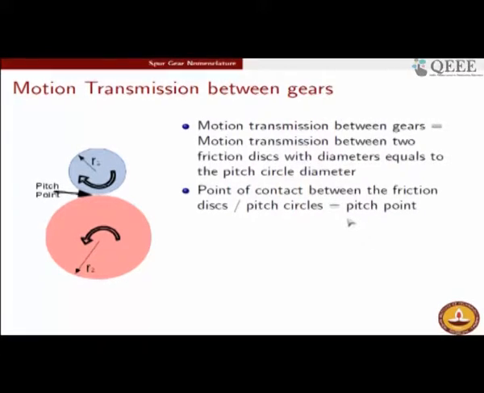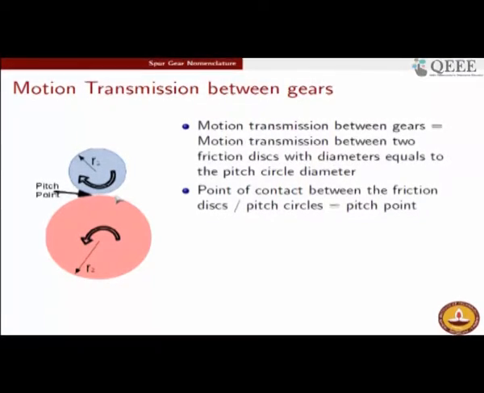That is the point that comes, but before we do that, please note that the point of contact of these two circles has a technical name, called the pitch point. So, the equivalent pitch circles, or the friction discs if you would like to call them, will meet at only one point, because friction discs by the very nature of their operation should meet at one point.